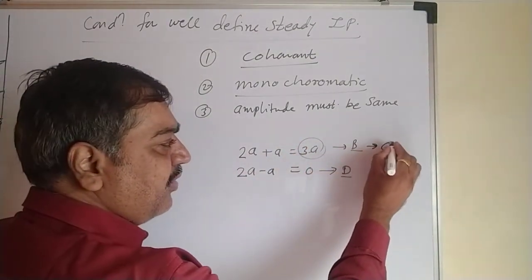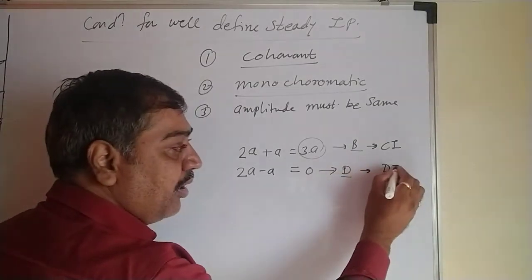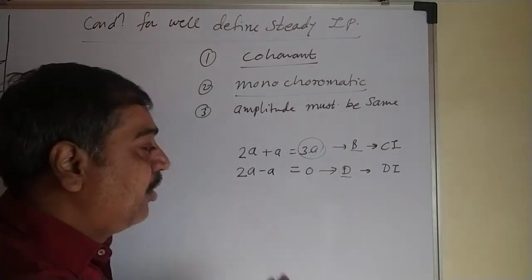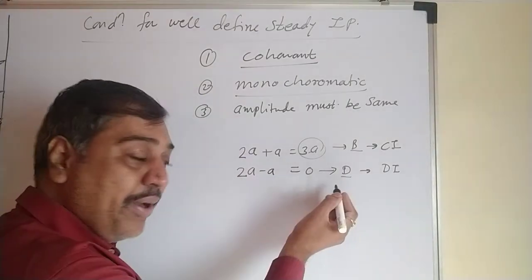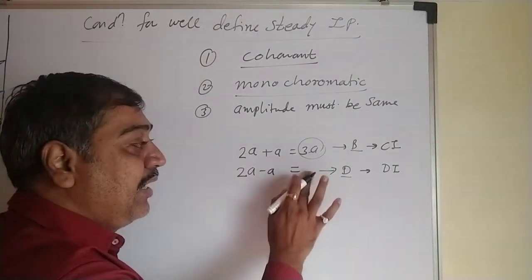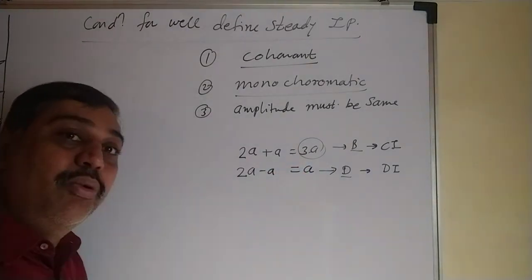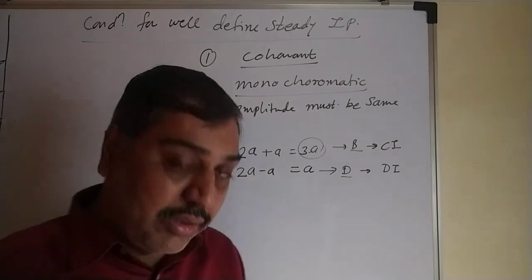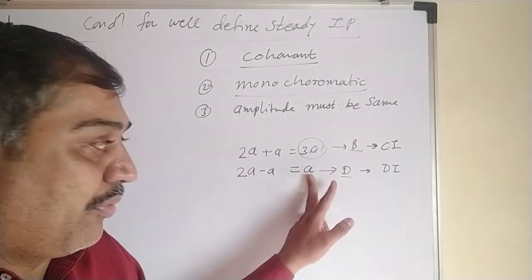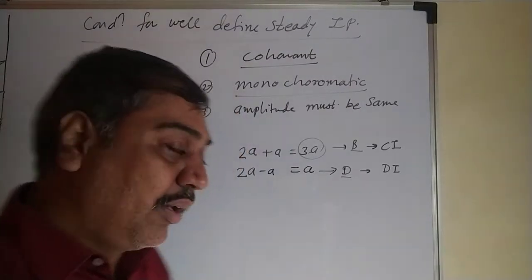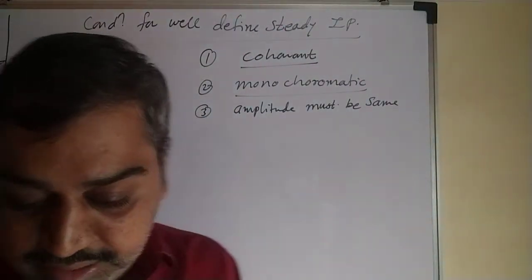But in destructive interference, twice A minus A, it must come to be 0 for a dark point, but it is not 0, it comes to be A. That's the reason the two sources of light must have the same amplitude, otherwise the dark point is not perfectly dark. That's why this condition is introduced here for a steady and well-defined interference pattern.